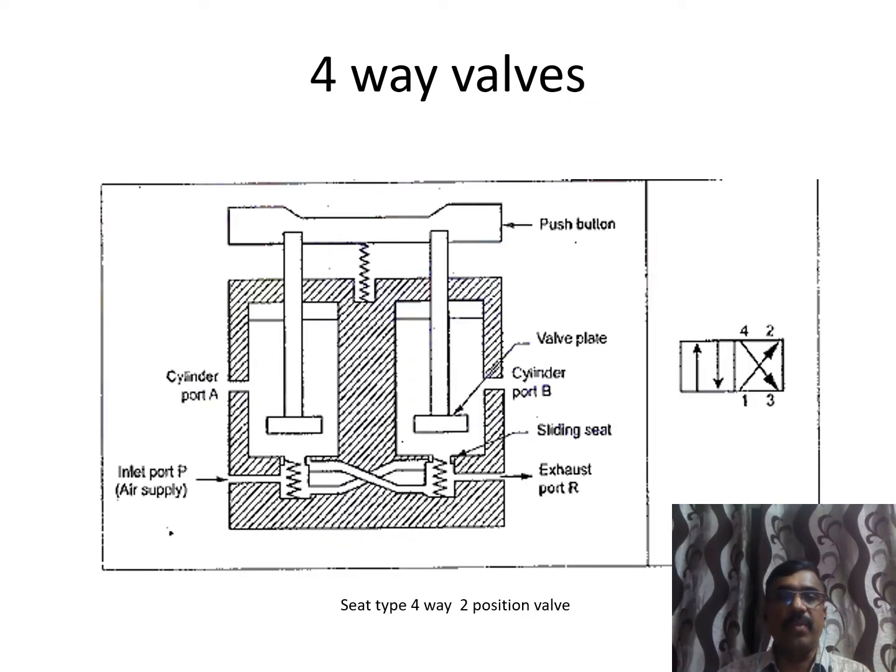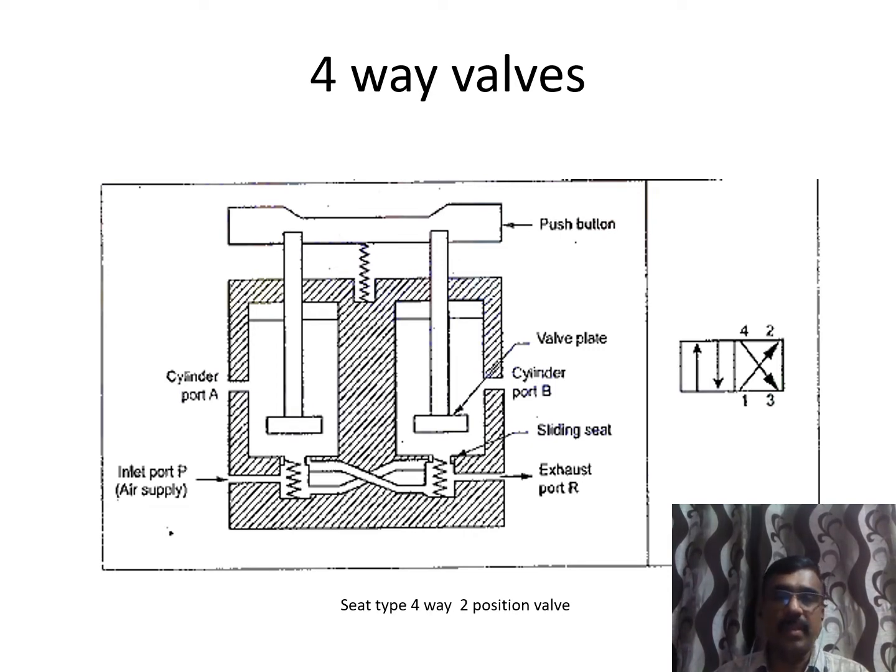So next is four-way valves. In the four-way valves, instead of one outlet, we have two. One is inlet and another one is the exhaust, and the inlet goes to one side of the piston. It is always used for double acting actuators. One port forwards air to the front of the actuator, and the air from the other side goes through to the outlet, the exhaust port.